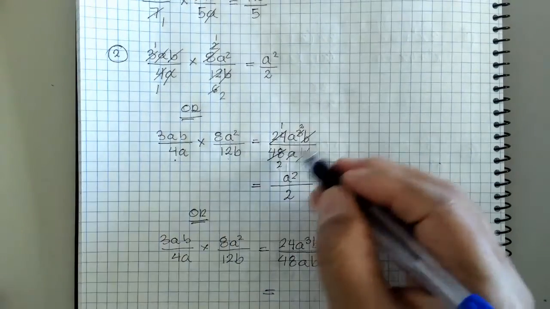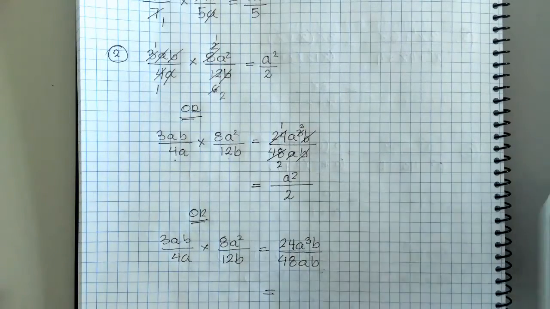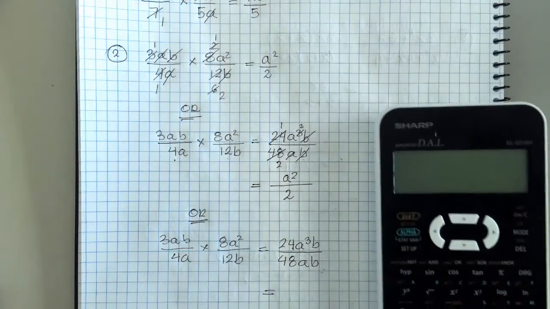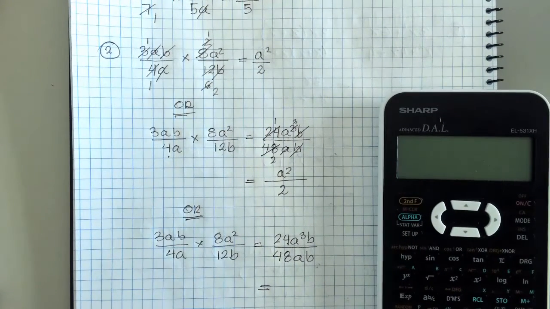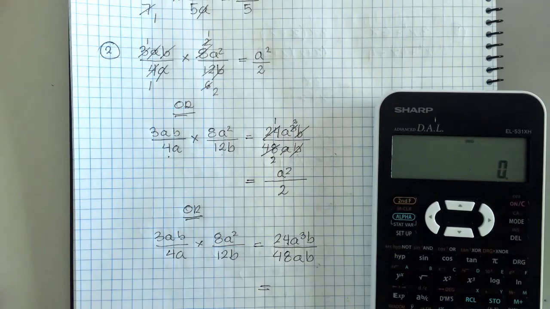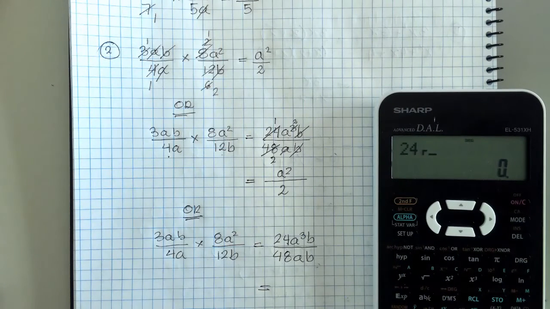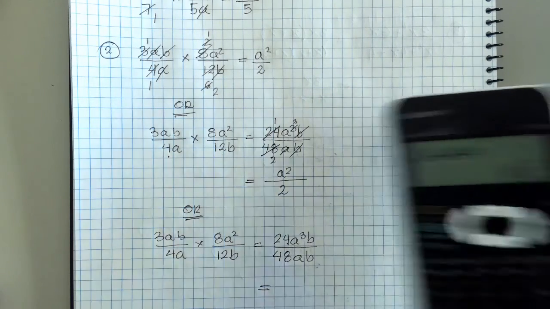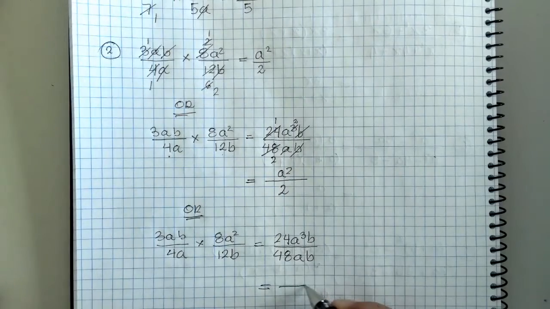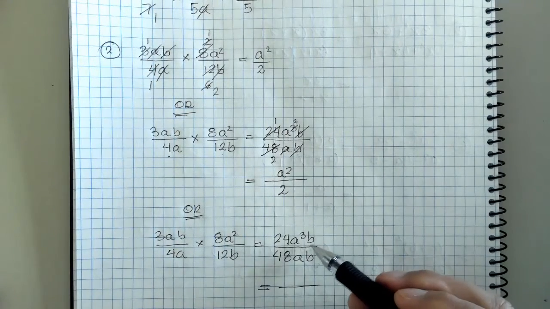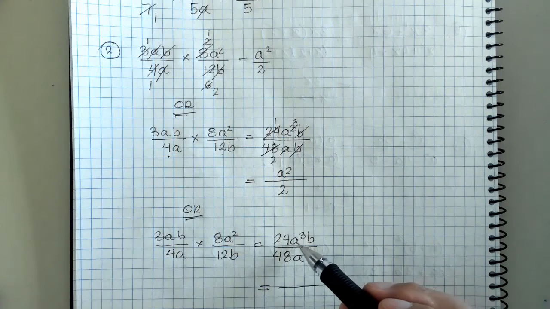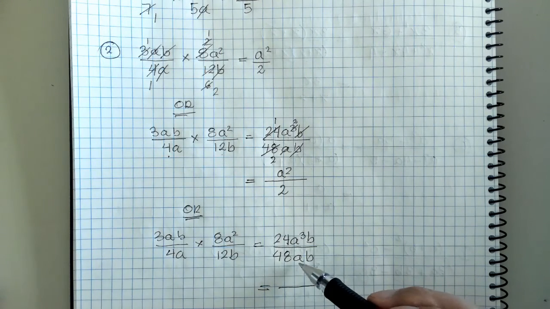Rather than doing this, you just do it in your calculator, and the answer is a half, so that means you have 1 on top and 2 at the bottom. The b's cancel each other, so we don't have any b in here, and we have a cubed on top and a at the bottom.